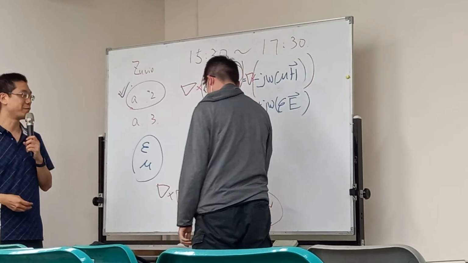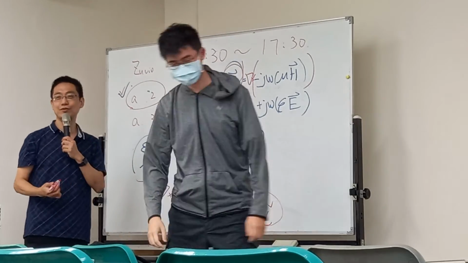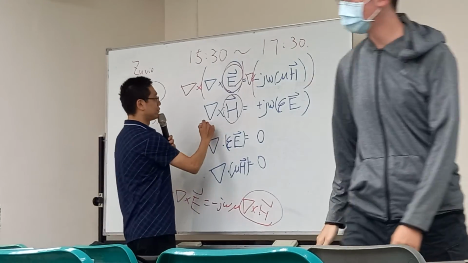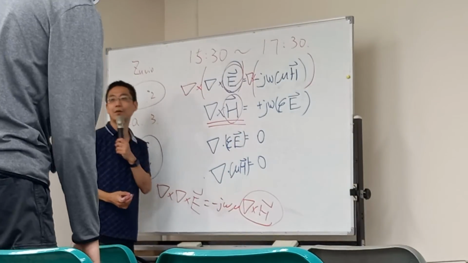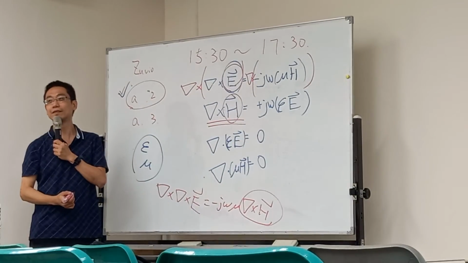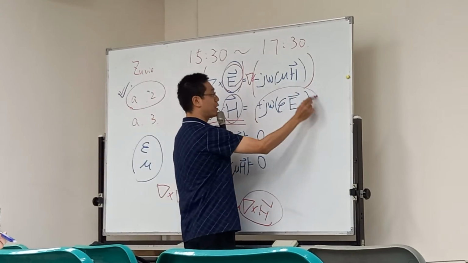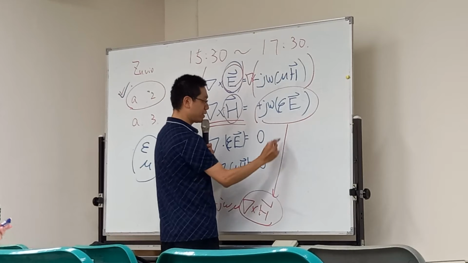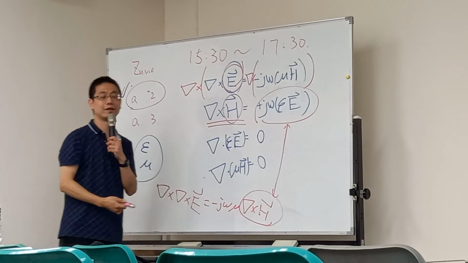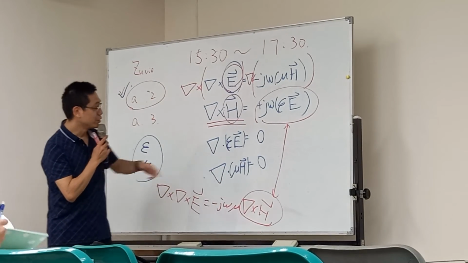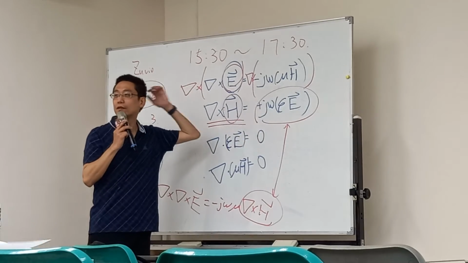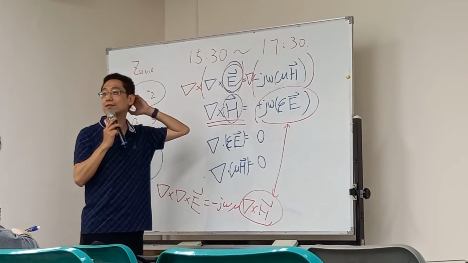Yeah, easy, 5 points. Easy, right? So you just replace this one. So j is the square root of minus 1, right?